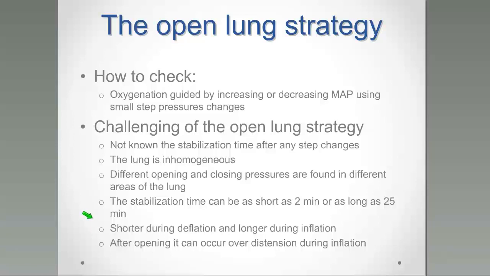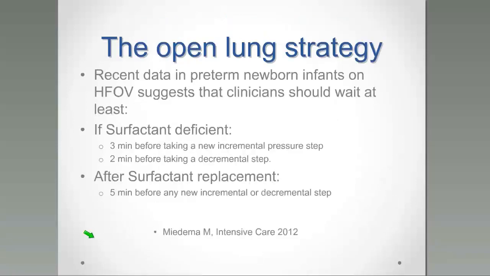And one of the most important things, after we open the lung, is that we have to prevent damage and decrease the pressure to find, as I told you, that green area, the safe area of the lung. So this is the open lung strategy, and we do not have many data from clinical trials or studies on how to do this.